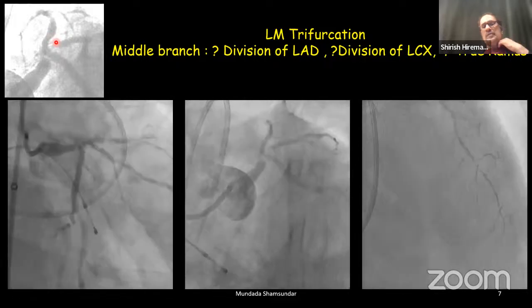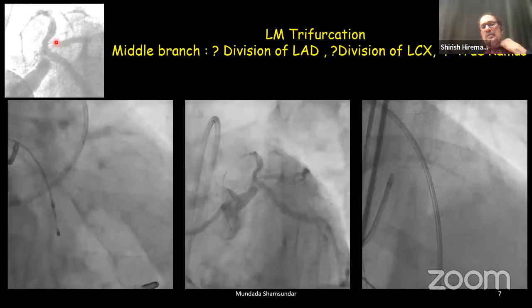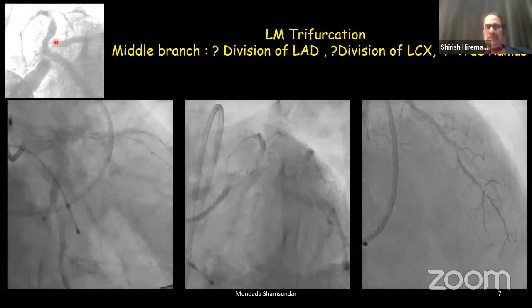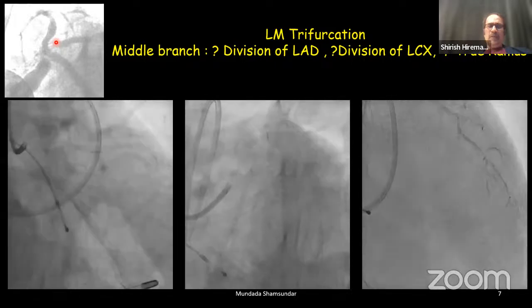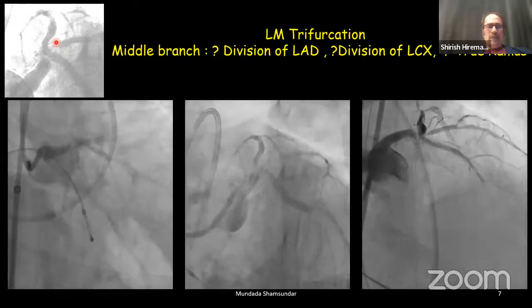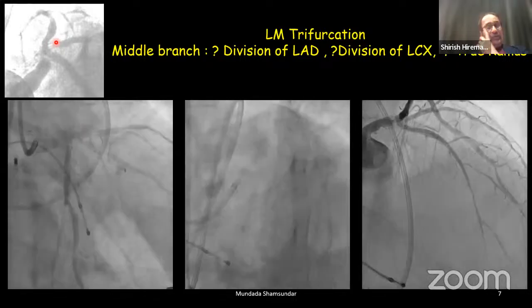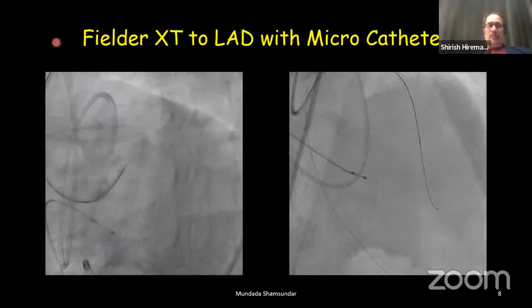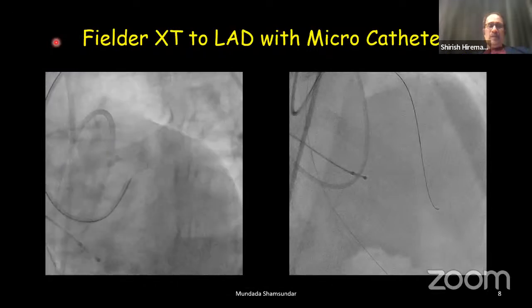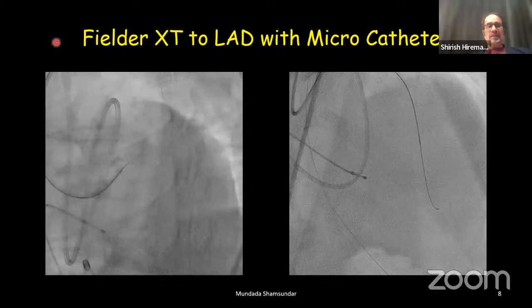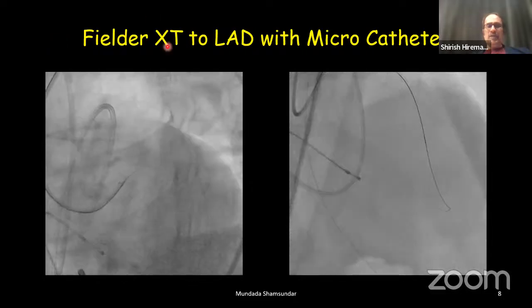So we had an EBU 7 French catheter. We use it very often for sicker cases because you can move it in and out very easily. And in this particular case, we used Fielder XT with a microcatheter. The whole idea was to move fast.